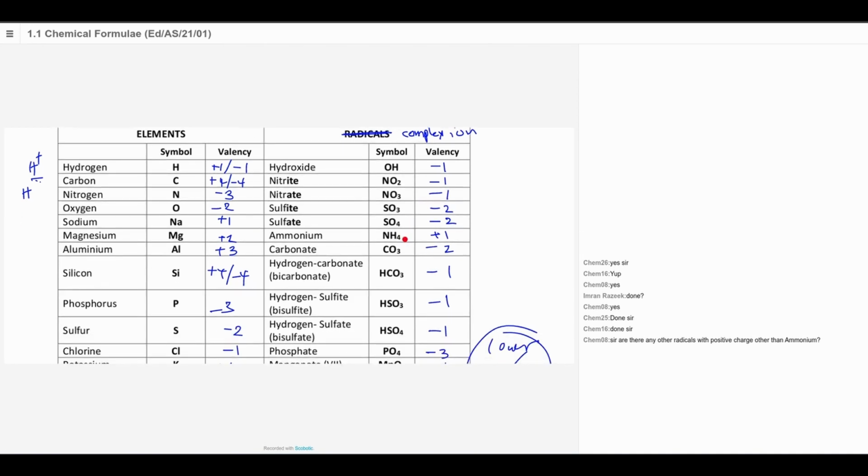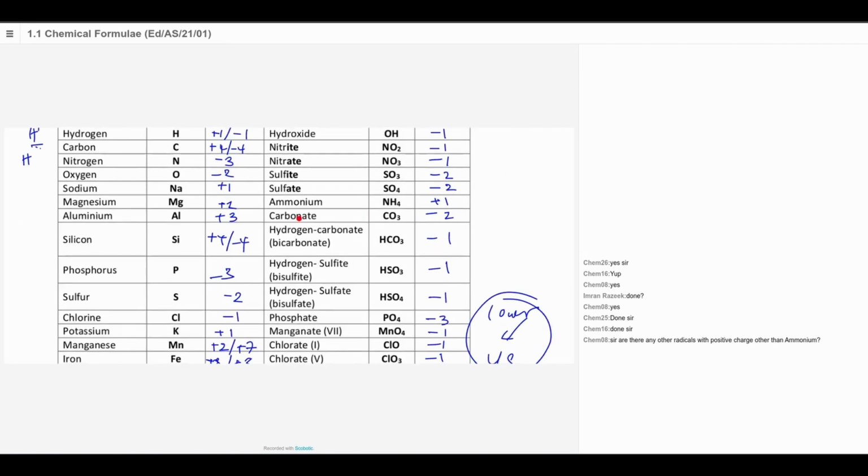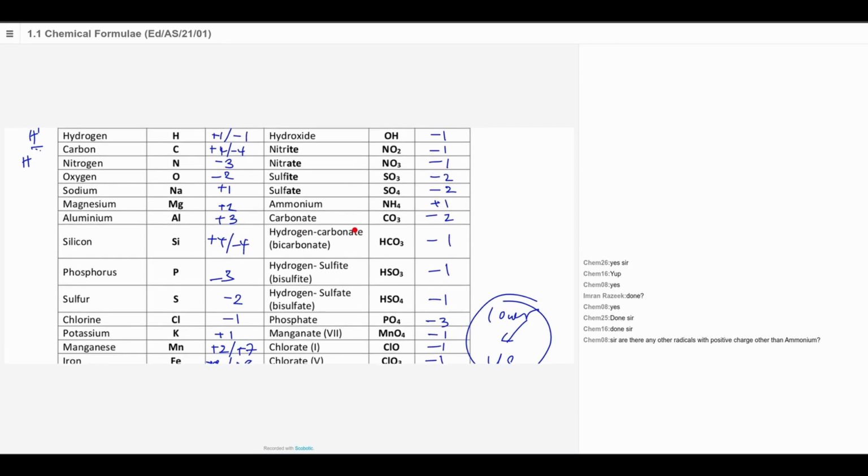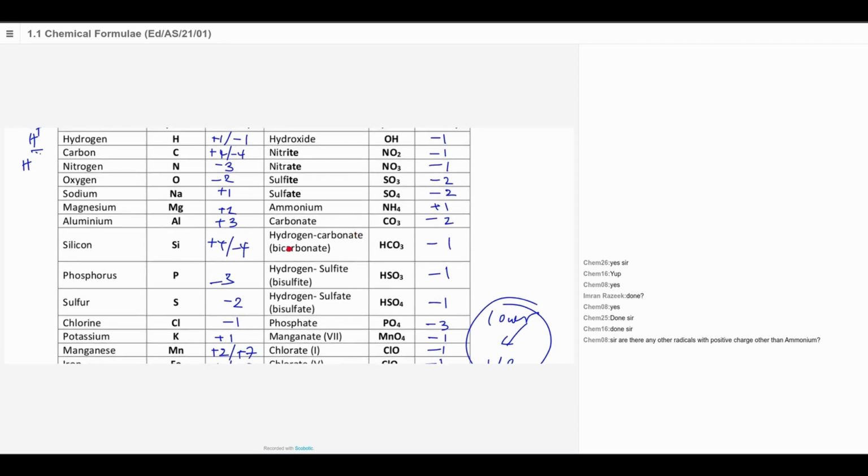Some of it you can work out, right? For example, hydrogen carbonate, also referred to as bicarbonate. We know carbonate is -2. This part is -2. Hydrogen is +1. So +1 and -2 is -1. Some of it you can calculate, not all.